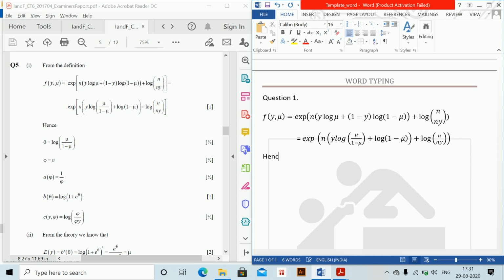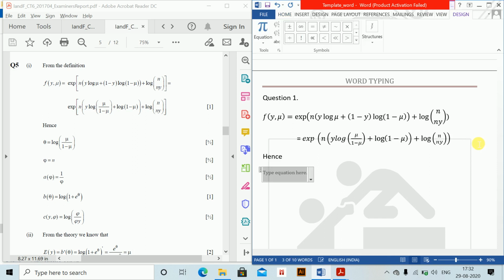Hence theta is equal to log of mu by 1 minus mu.